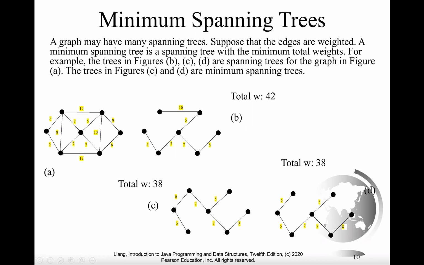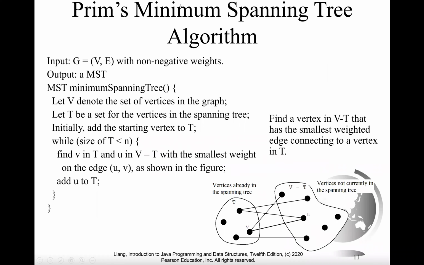We now design an algorithm to find a minimum spanning tree. This is called Prim's minimum spanning tree algorithm. It works as follows. For the input, the graph G consisting of vertices and edges with non-negative weights.